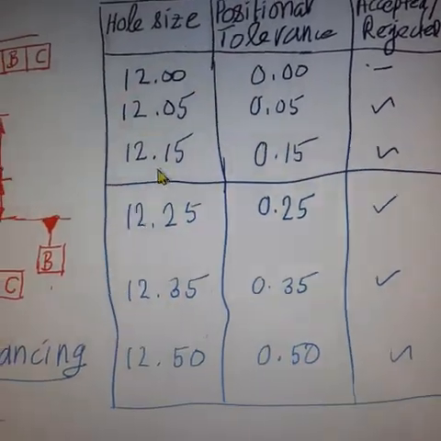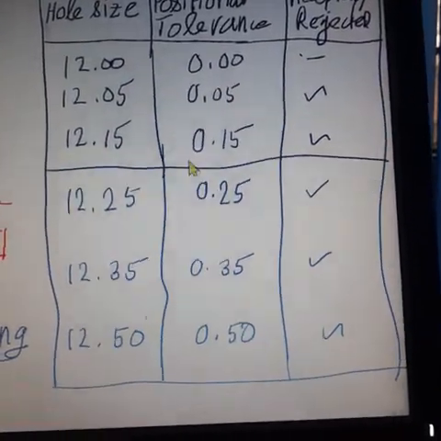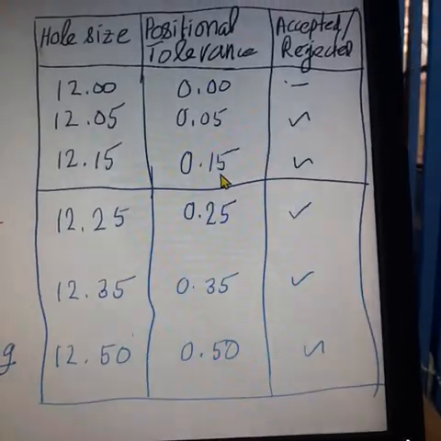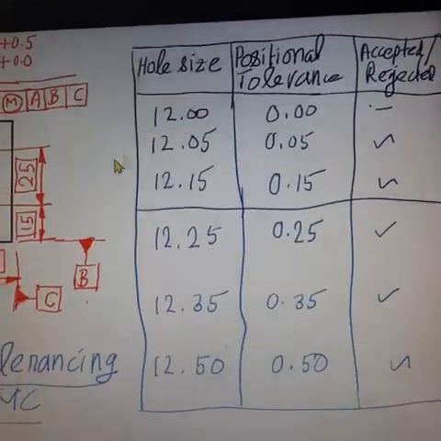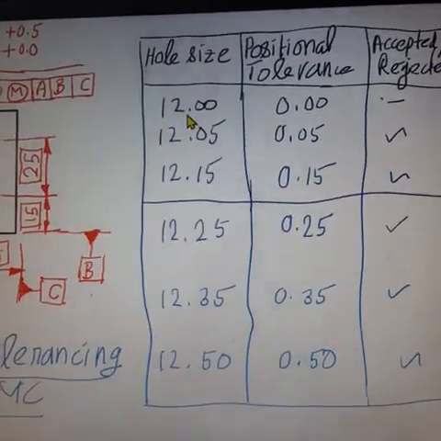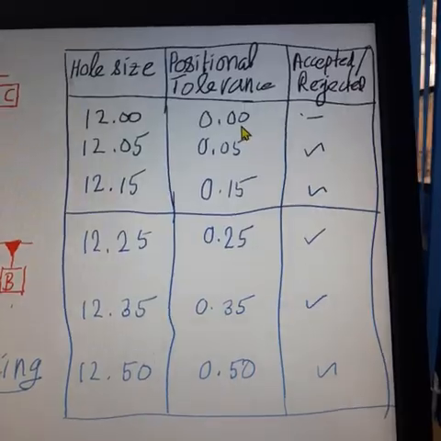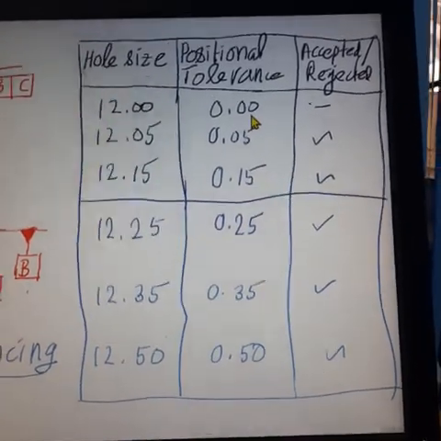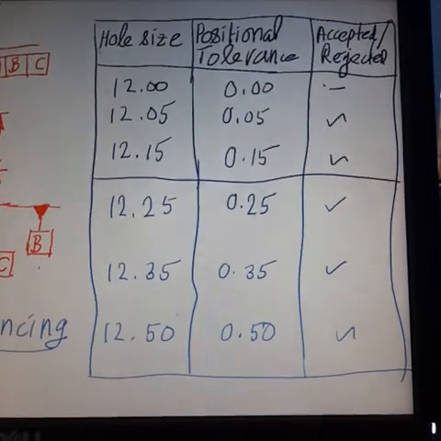Even a hole of 12.15 is acceptable if the holes are located within their acceptable position tolerance zone of 0.15 mm. So never attempt to make a hole of 12 mm, because the applicable value of position tolerance is 0, and it is not practically possible to locate the hole at its exact center to center distance of 55 by 25 mm for this example.